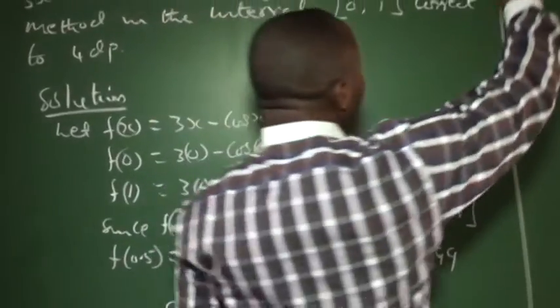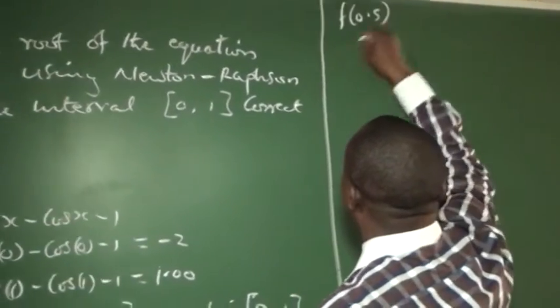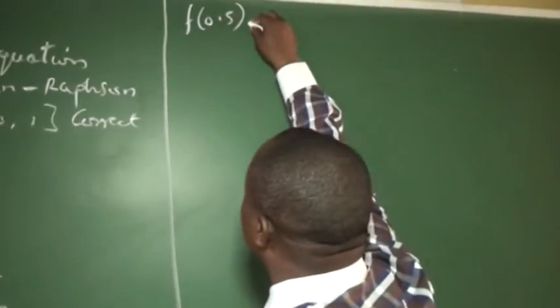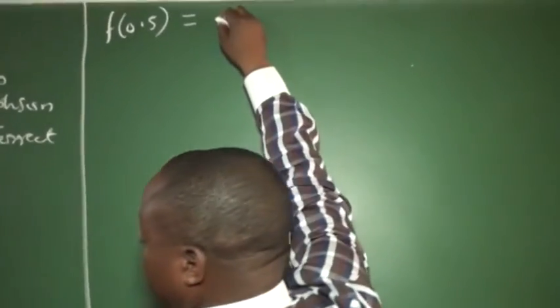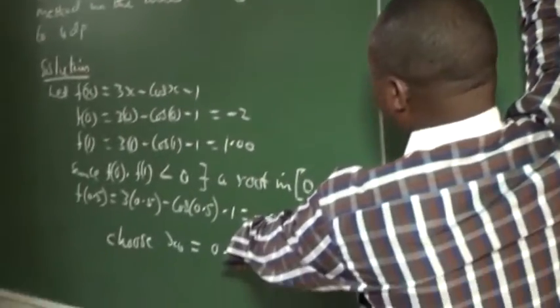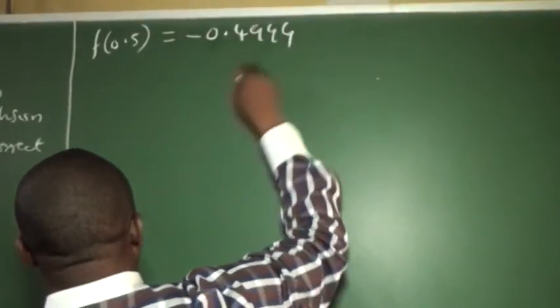Then f of 0.5, that is f of x0, we have got here to be minus 0.4999.